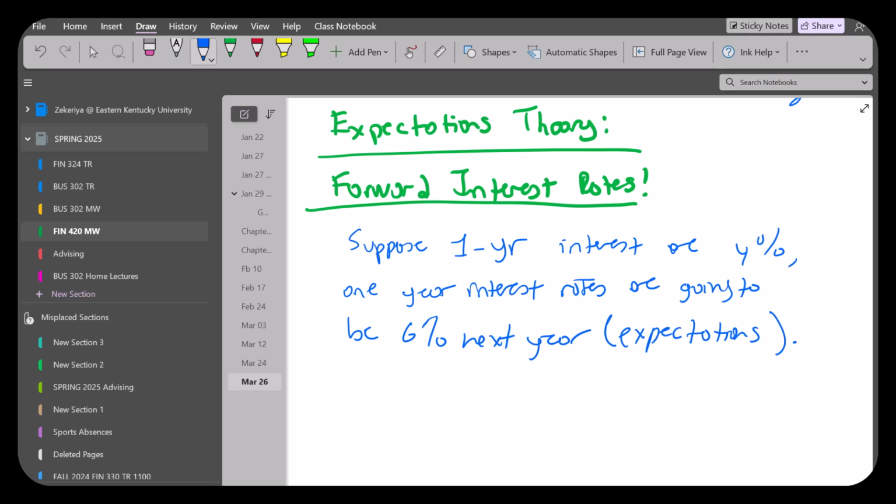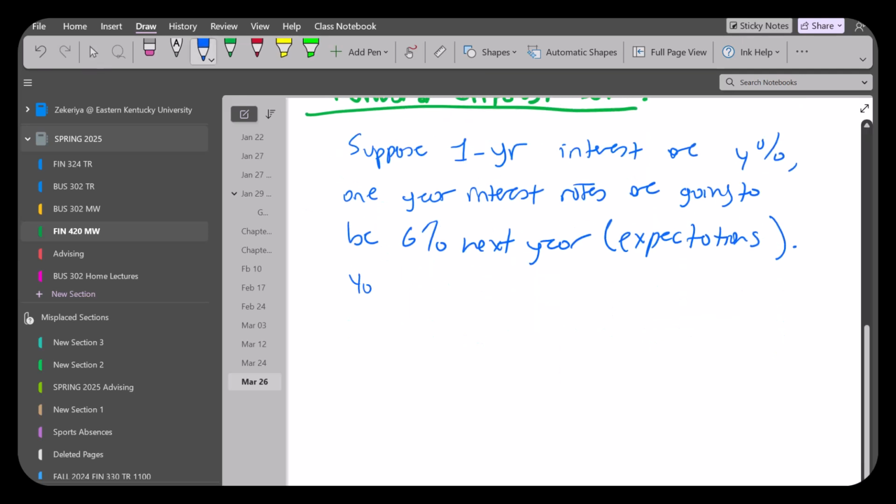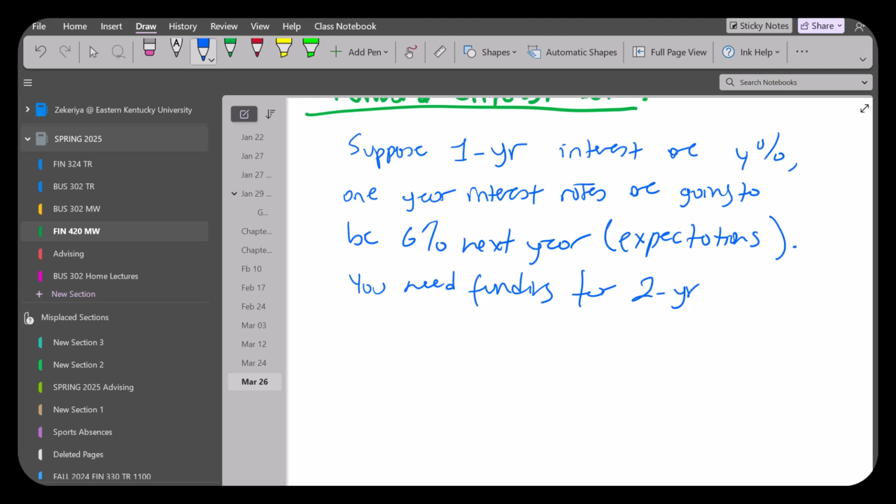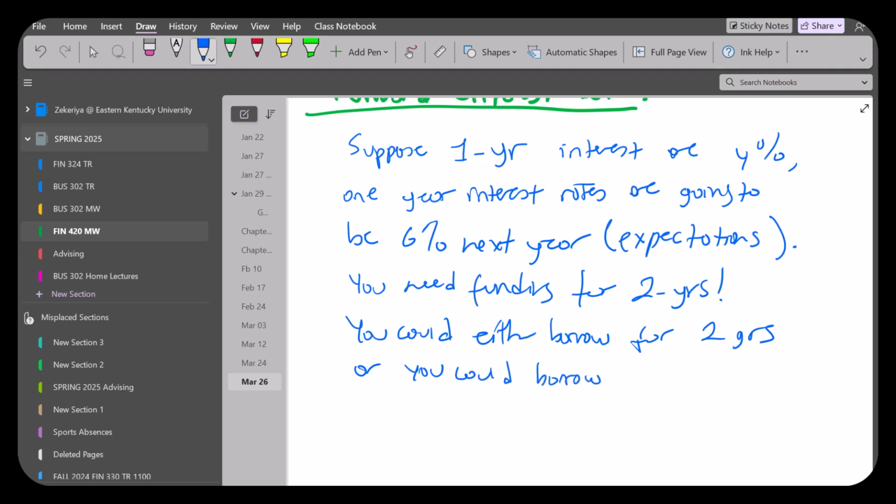And you need funding for 2 years. Okay. You could either borrow for 2 years, or you could borrow for 1 year and roll it over next year.